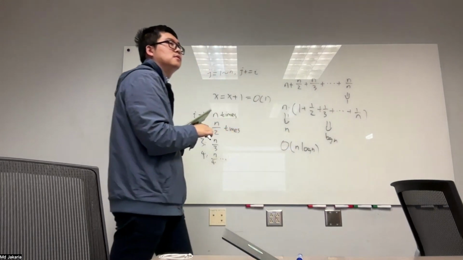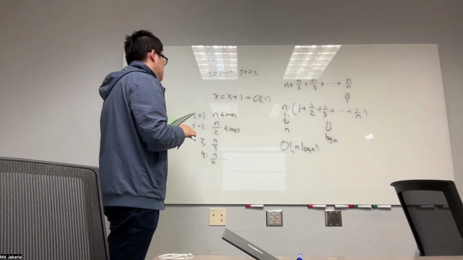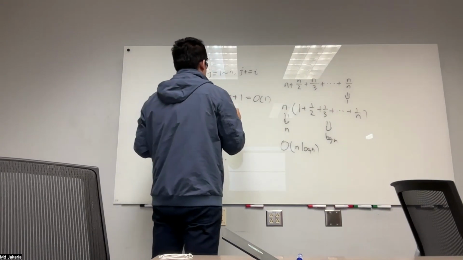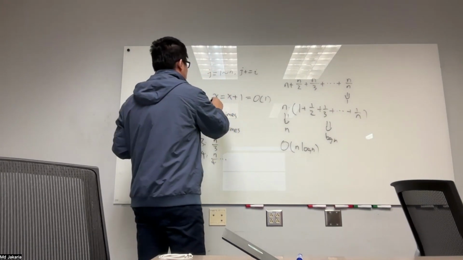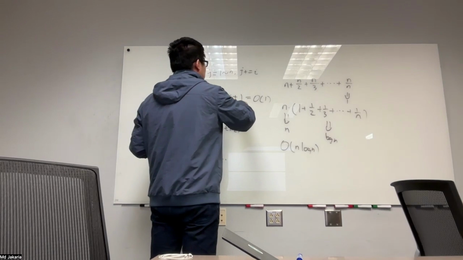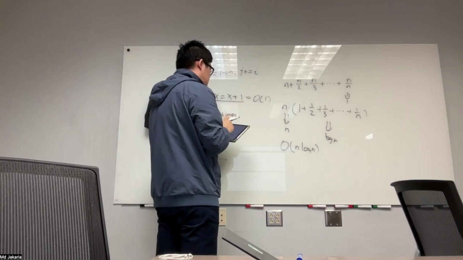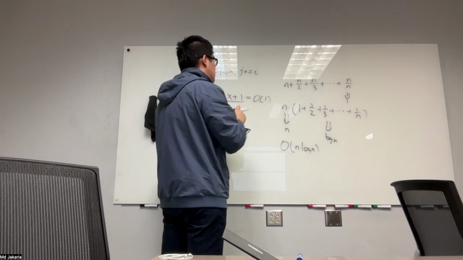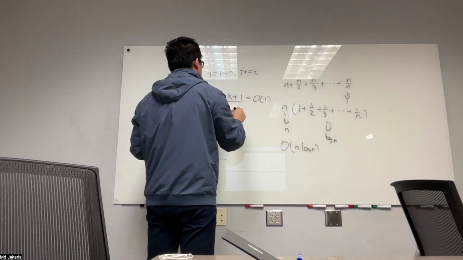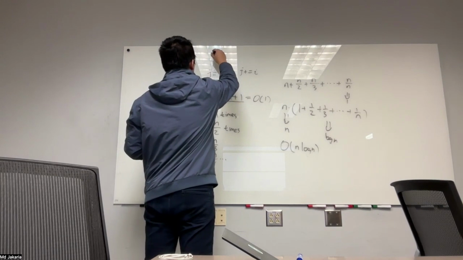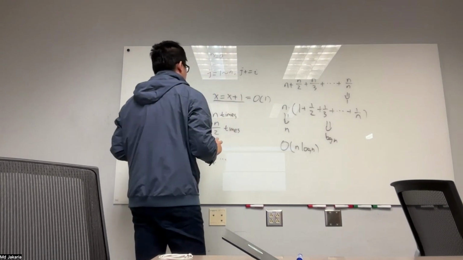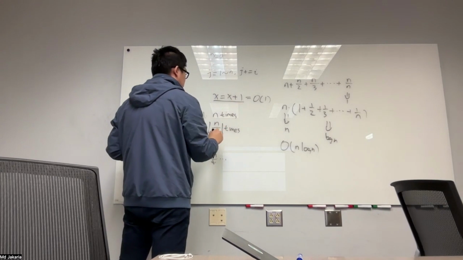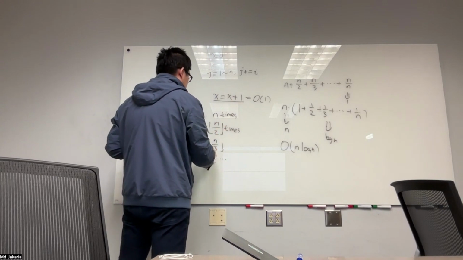Are we good? Okay. Now, a tiny bit of detail: x here records exactly how many times this operation is performed, because in the beginning x is 0. We need to do the for loops and everything.